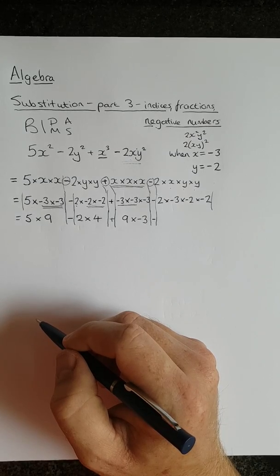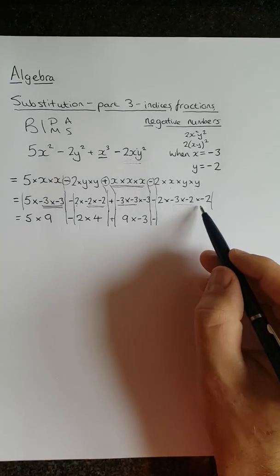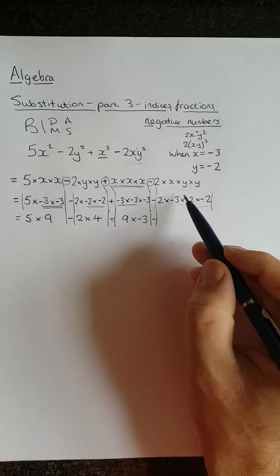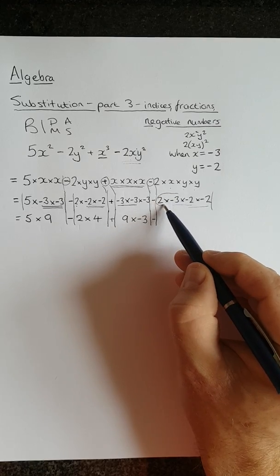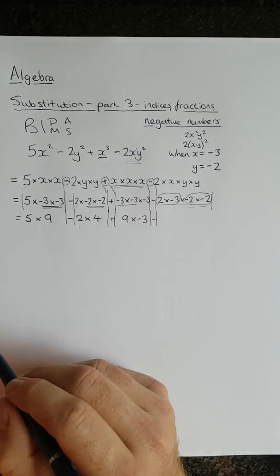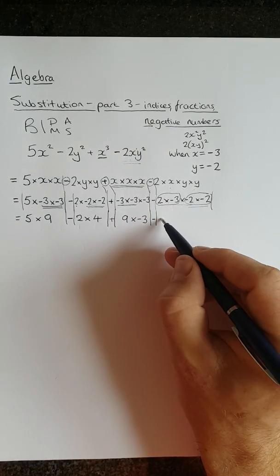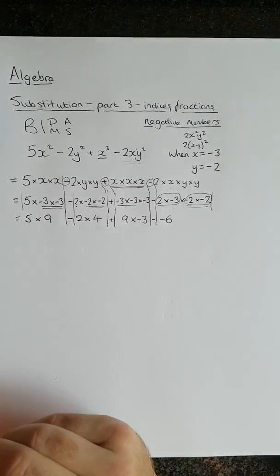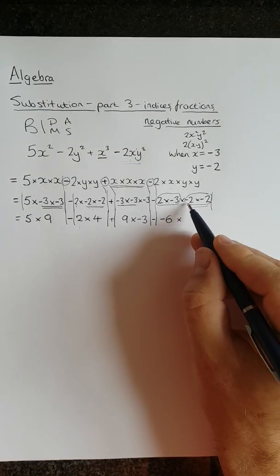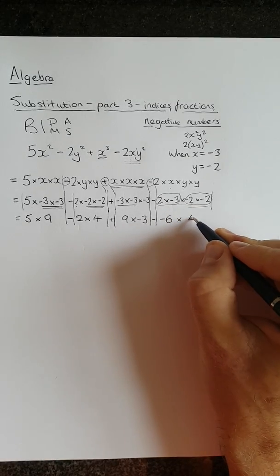Lots to do here. It wouldn't matter if I picked that pair of negatives first or that pair. But I tell you what, I'm going to multiply those two pairs. So 2 times -3 is -6, multiplied by -2 times -2, which is 4.